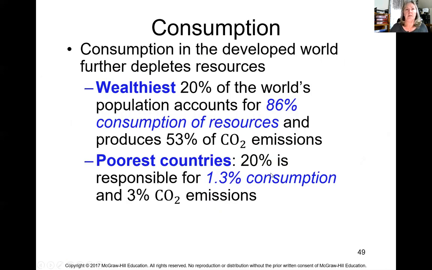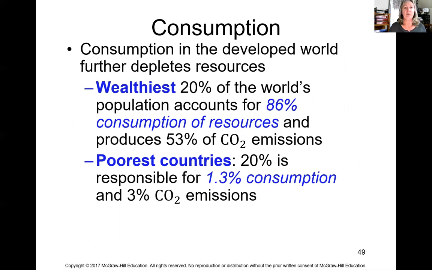When we look at our consumption in the world, the wealthiest portion of the world, let's say 20% of the world's population, accounts for 86% of the consumption of resources and 53% of CO2 emissions. That's a big carbon footprint there.